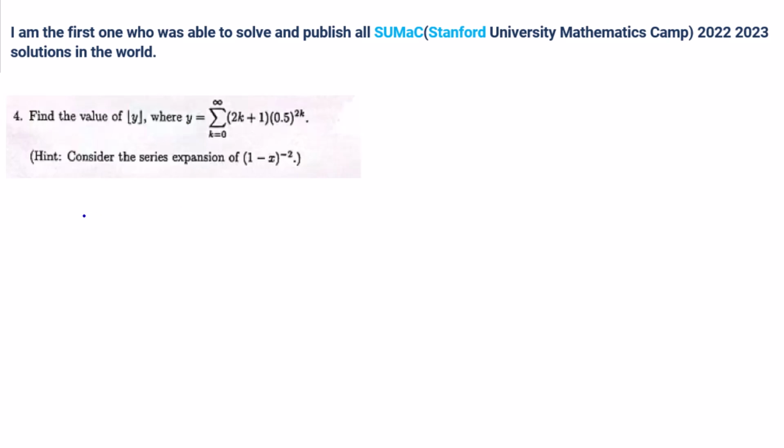So here it means what? If k is 0, it is what? 1 times 0.5 to the power of 2, right? Yeah. Plus next, 3 times 0.5 to the 4, right? If k is 1... sorry, k is 0 and 2, right?